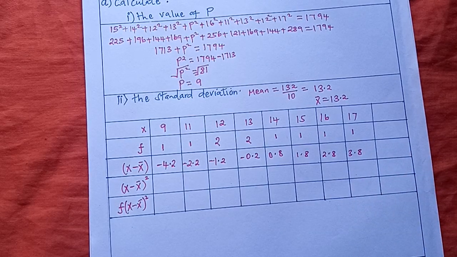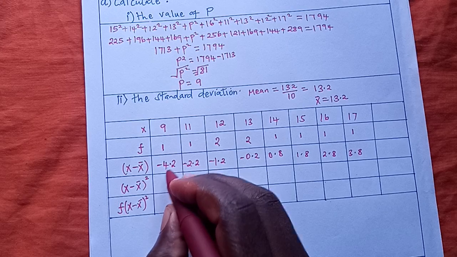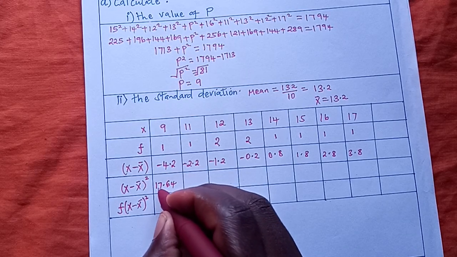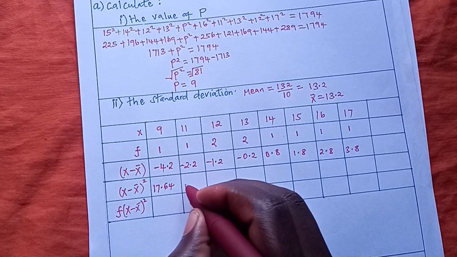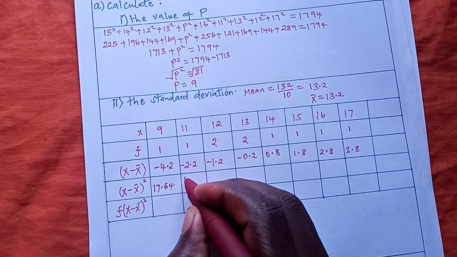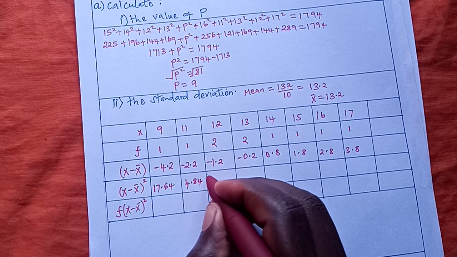Now, the next step, we are going to square the result. Negative 4.2 squared is going to give us 17.64. This time round, the negative will disappear. 2.2 is going to give us 4.84.